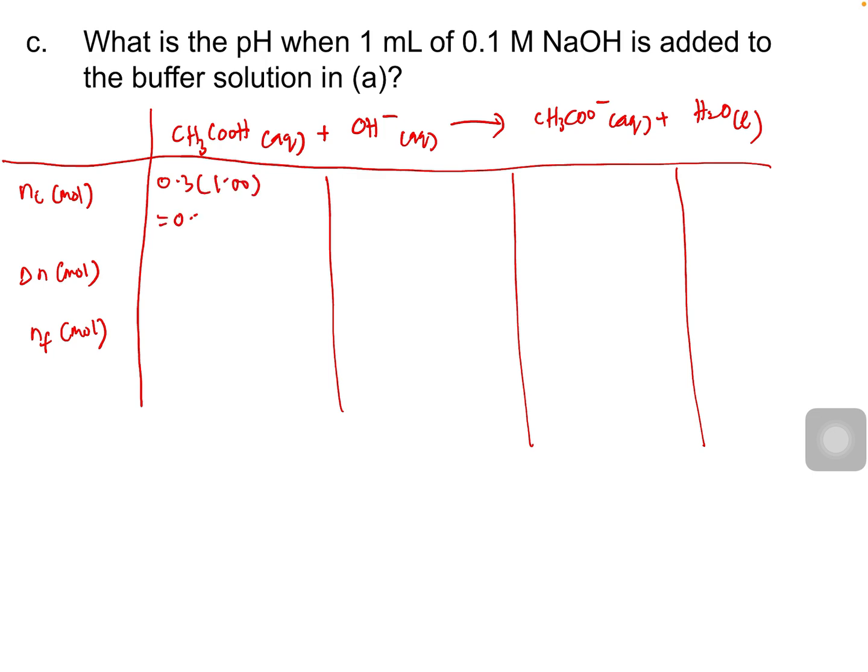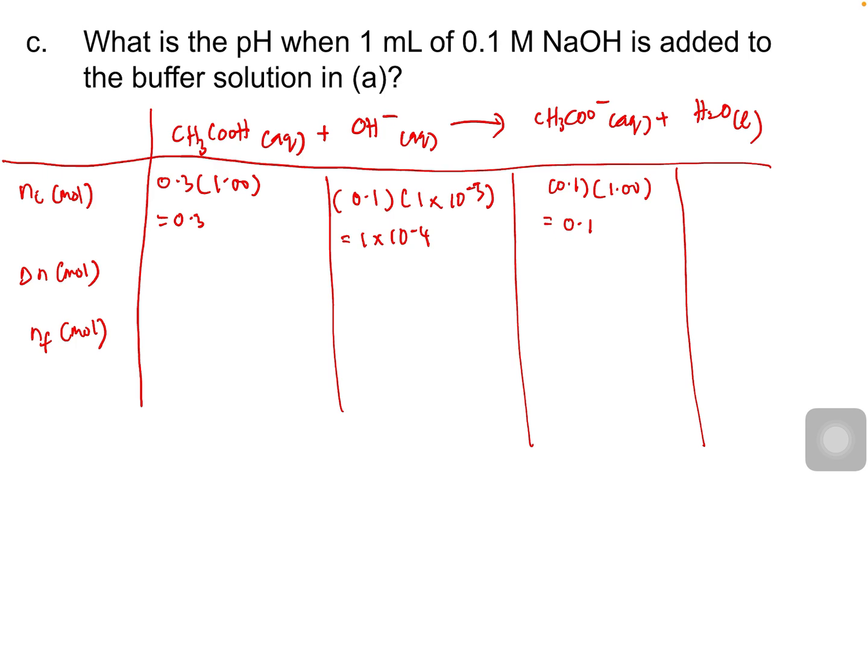So, 0.3. Untuk OH minus, this one. 0.1 times, mesti tukar kepada liter. Okay, 1 power of -4. Kat sini the concentration is 0.1 kan. 0.1.